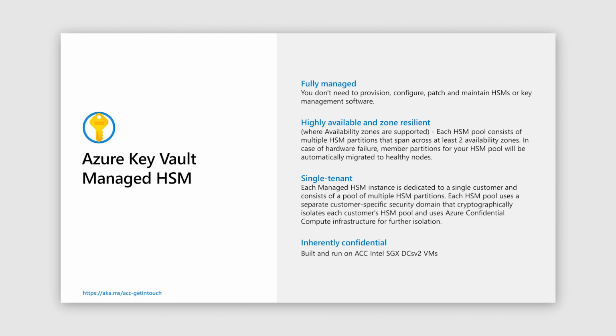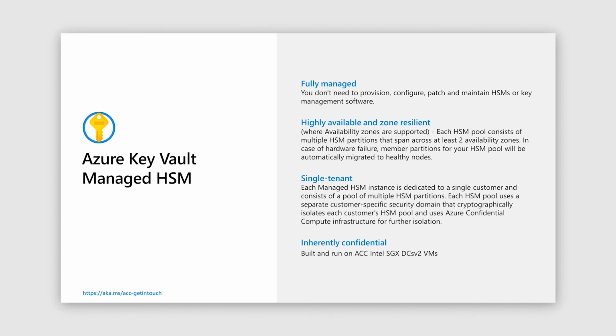So each managed HSM or hardware security module is dedicated to a single customer, to you, so that you can create a pool of multiple HSM partitions where each pool can have a separate customer workload that you want to run, and make sure that your keys are protected by a hardware security module so that the keys are protected by hardware.